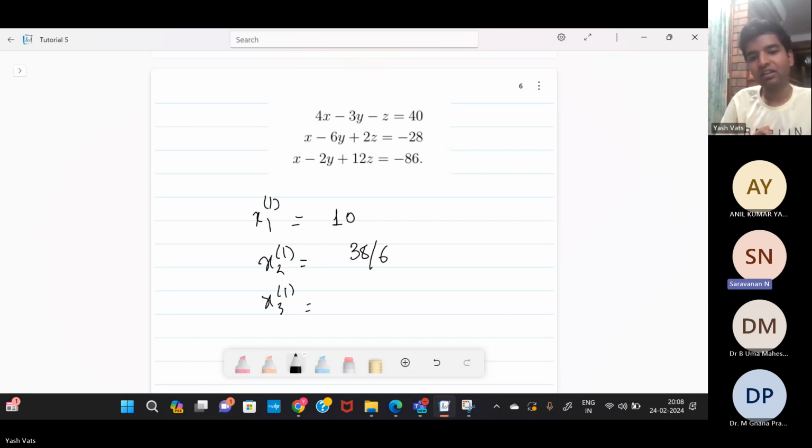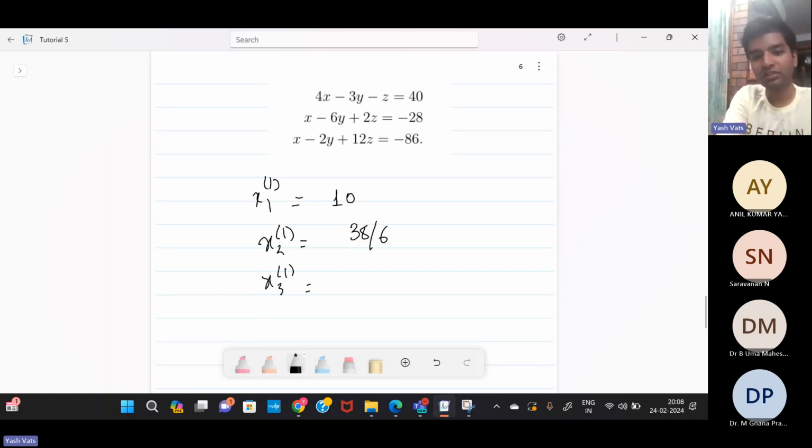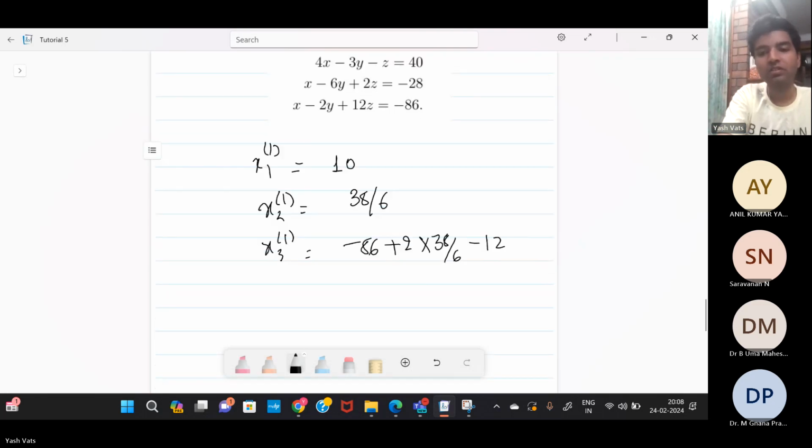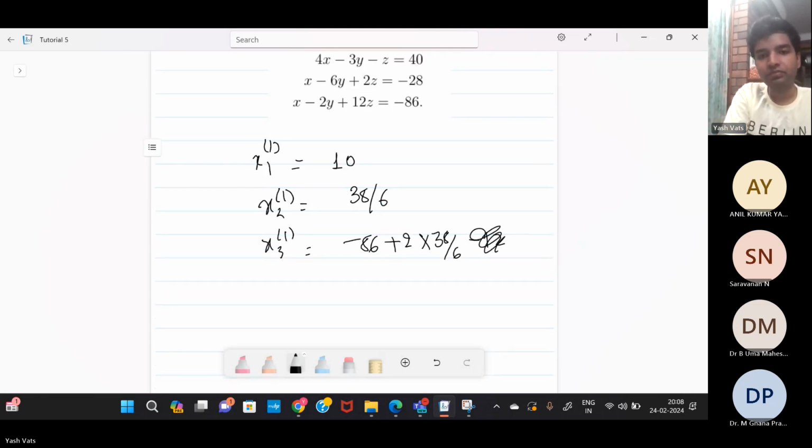Yeah, 38 by 6. And what is x31? Just try to calculate. Minus 86 plus 2 into 38 by 6, minus 10 divided by 12, right? What is the value of this?